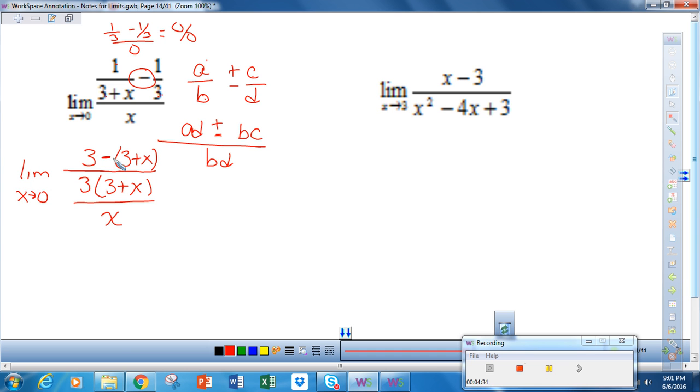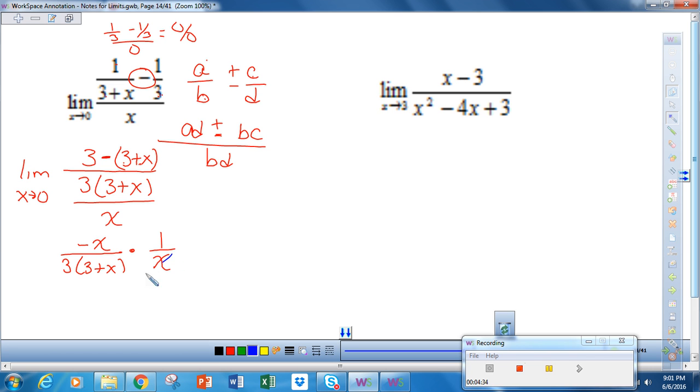All right, let's simplify this numerator. 3 minus 3 is 0, and I have this negative x here because that negative would distribute over 3 times 3 plus x. But when I divide, I can multiply by the reciprocal. Do you notice if anything is going to cancel now?